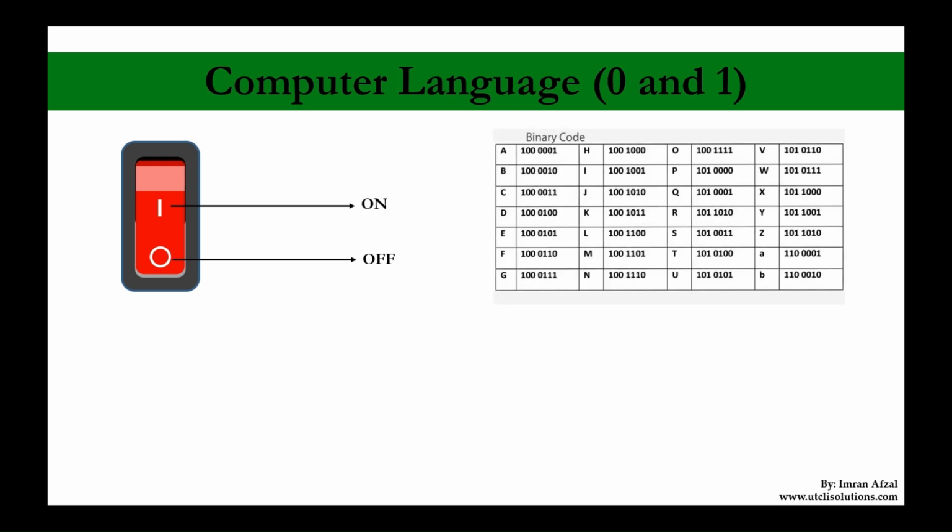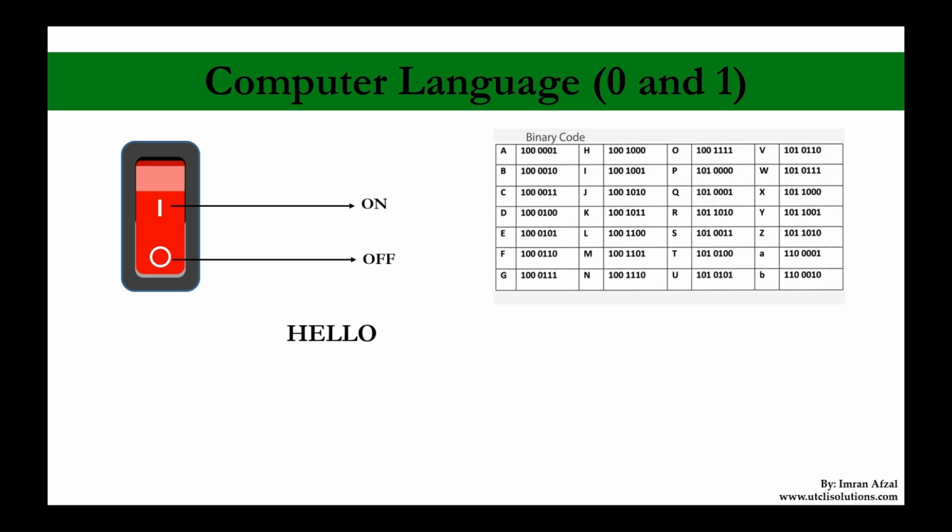There is a chart called a binary code chart. In that chart, each English letter has a binary number associated with it. Like A has 1000001, B has 1000010, and so on. So now let's say you type "hello" on your keyboard.